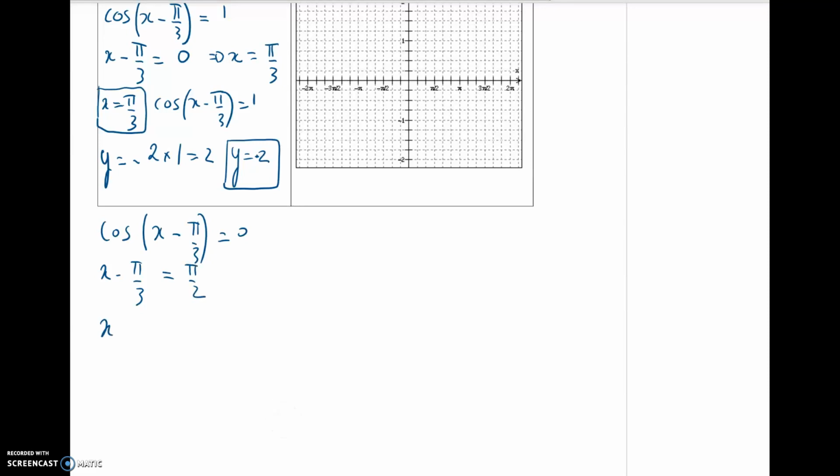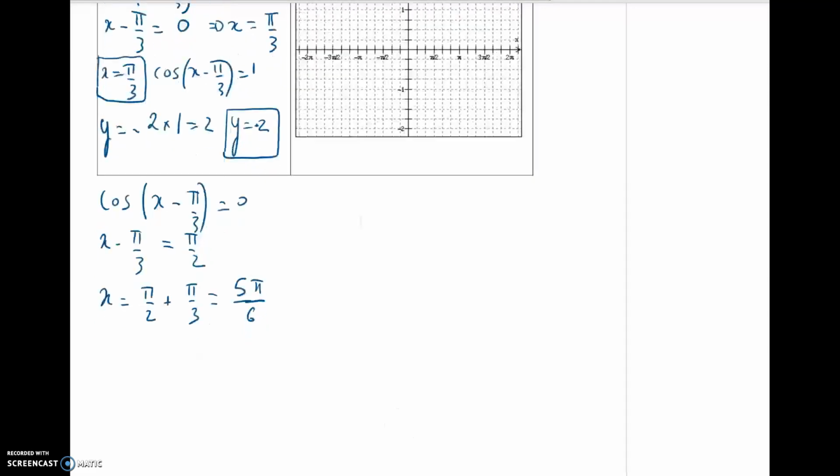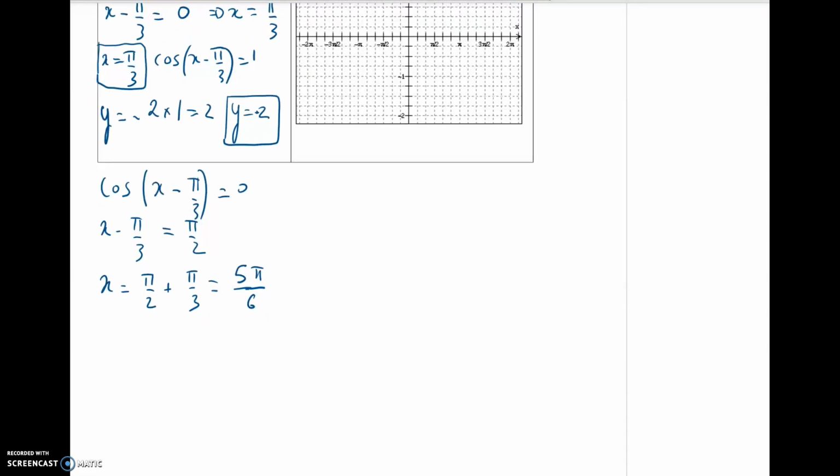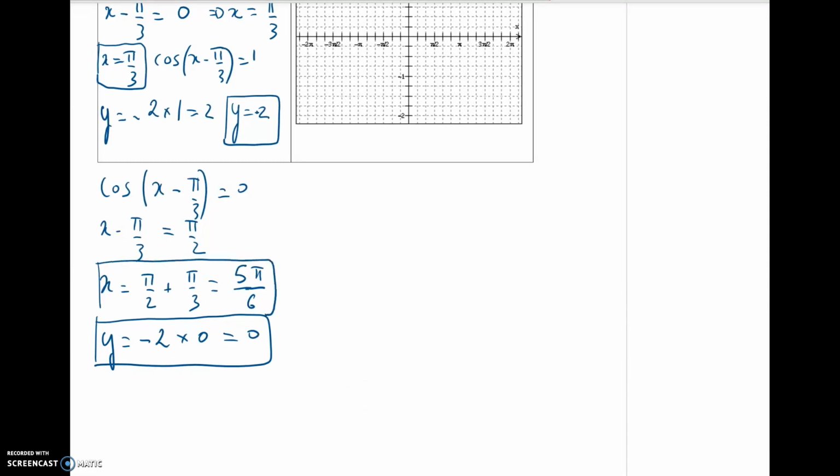So therefore x equals pi over 2 plus pi over 3, which is 5 pi over 6. And so if the cosine is equal to 0, that means y equals negative 2 multiplied by 0, which is 0. So when the angle equals 5 pi over 6, the function y equals 0.